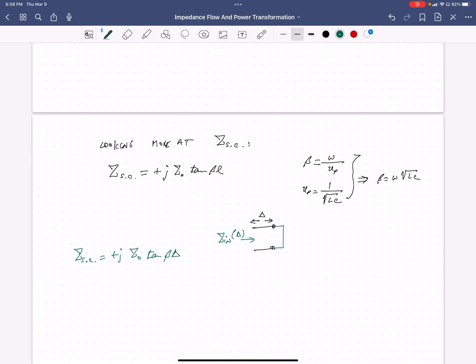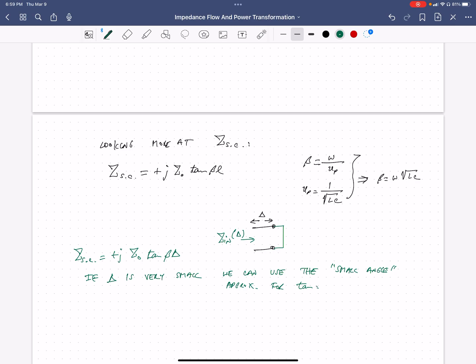And if delta is very small, we can use something called the small angle approximation for the tangent function.